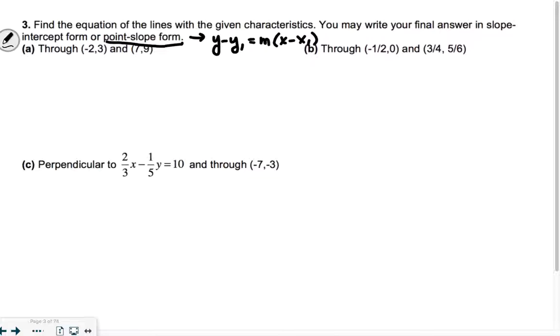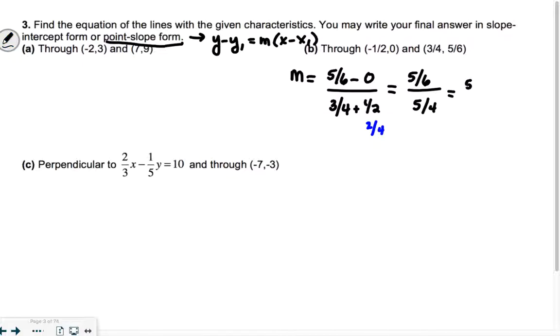Okay, so let's skip to B. We don't have to do A. We'll do B. So our slope is going to be y2 minus y1 over x2 minus x1, so plus 1/2 then. So I get 5/6 divided by, well, 1/2 is 2/4. So 3/4 plus 2/4 is 5/4.